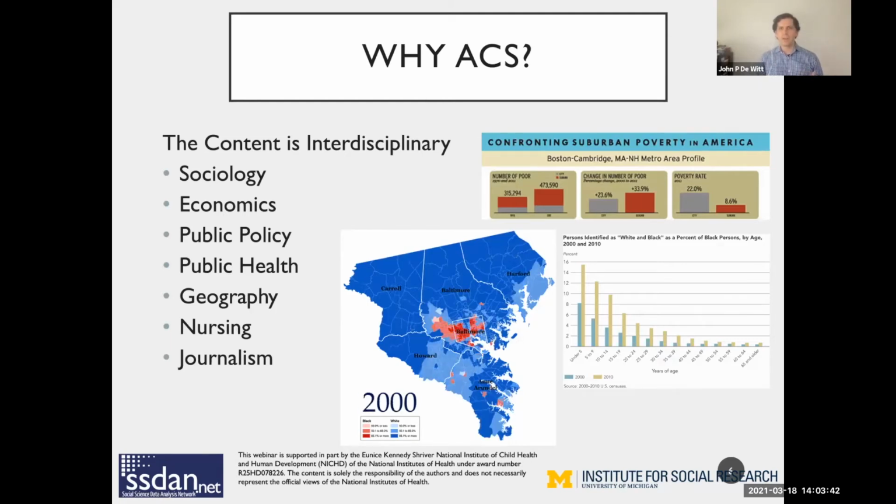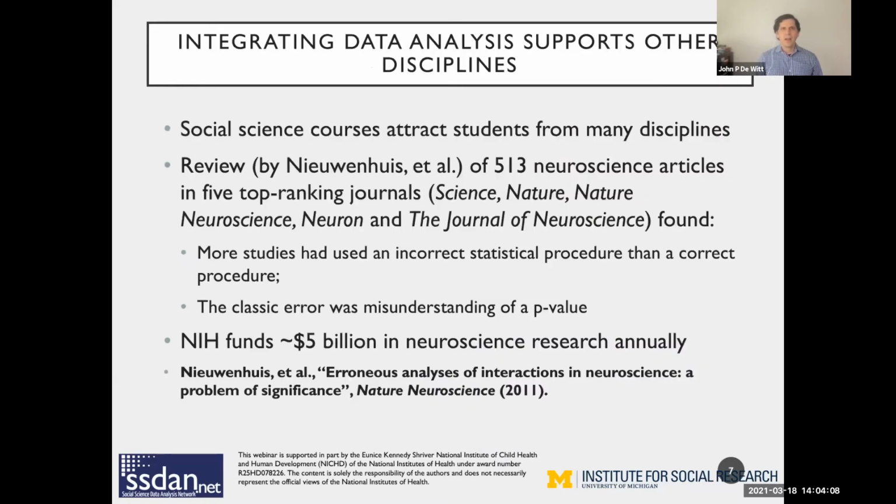But one of the things we just wanted to focus briefly on is why do we see the ACS, the American Community Survey, and related census data as useful for a wide range of courses? That's really because the content is interdisciplinary. It covers a wide range of topics. The American Community Survey covers a wide range of topics that are really applicable to some of the disciplines that you see listed there.